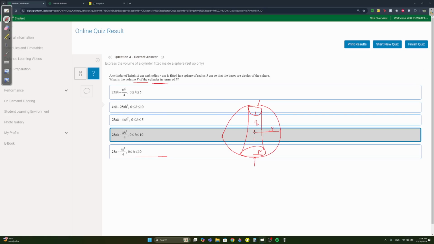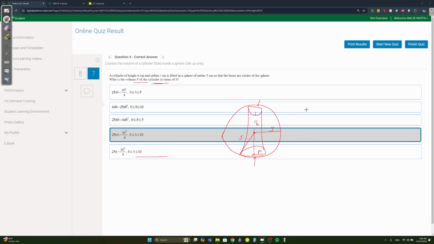This sphere, it's a radius, right? You can't take it down completely because you have the space here. But I can take it to the corner here. So this is 5. I can take the height down here, right?